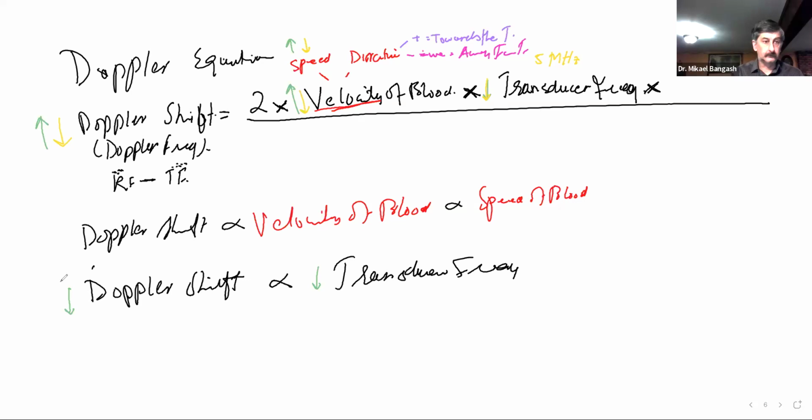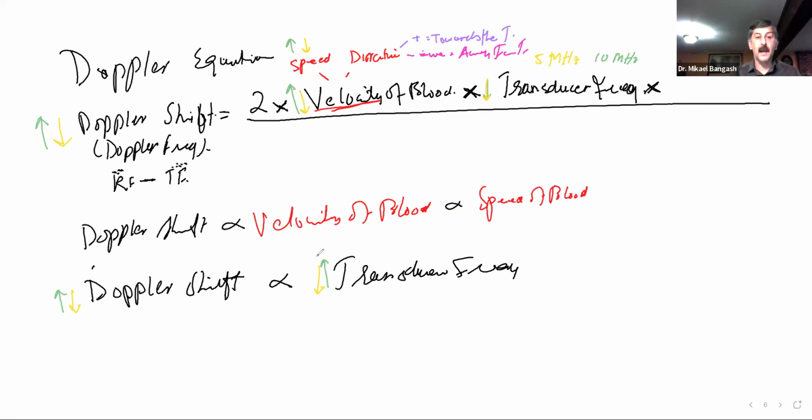Whereas, on the other hand, if we used, now please keep in mind, guys, a high frequency transducer, let's say a 10 megahertz transducer, that was going to cause the Doppler shift to be greater.